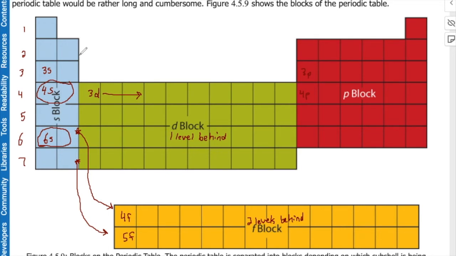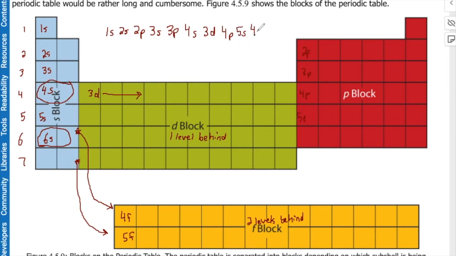But once you remember that, you can actually use the periodic table to write these in order. 1s, here we have 1s being filled, and then 2s, and then 2p, and then 3s, and then 3p, and then 4s, and then 3d, and then 4p, and then 5s, I didn't write that, there we go.